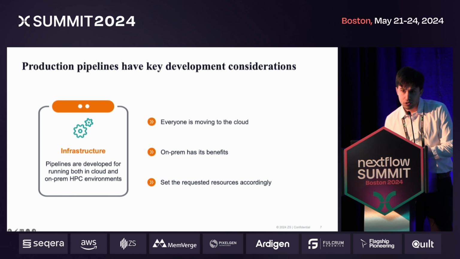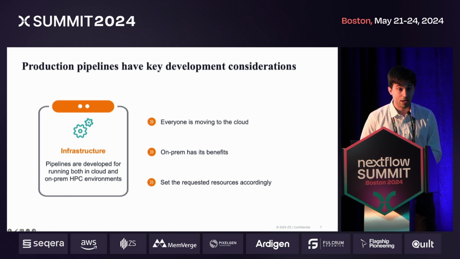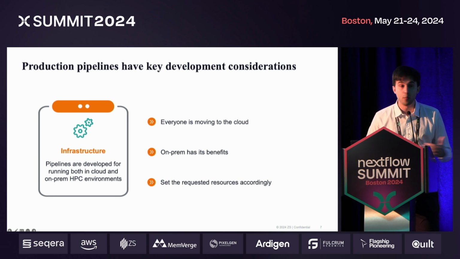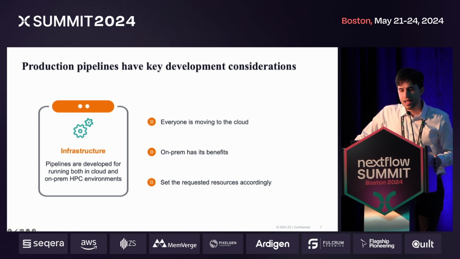About infrastructure, we develop pipelines to work both in cloud as well as in on-premises HPC servers. And nowadays, everyone seems to be moving to the cloud, if they're not already there. But in the industry, there's still a lot of legacy HPC servers, so both are important.